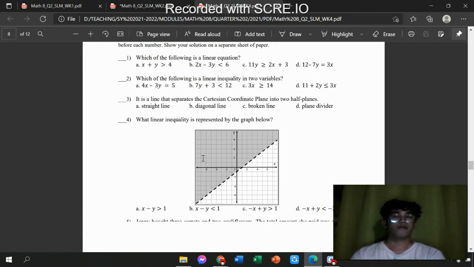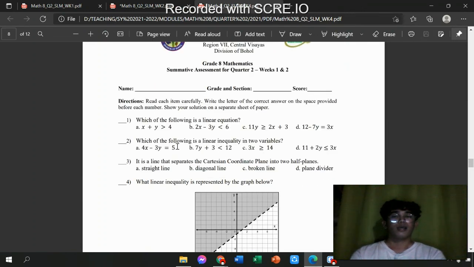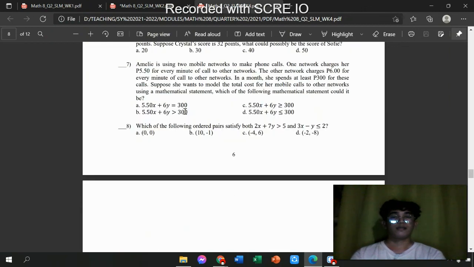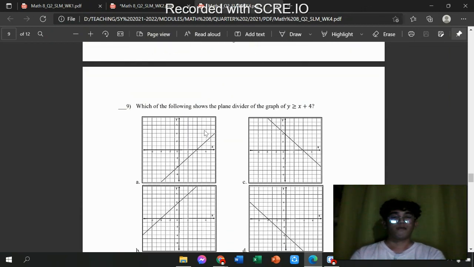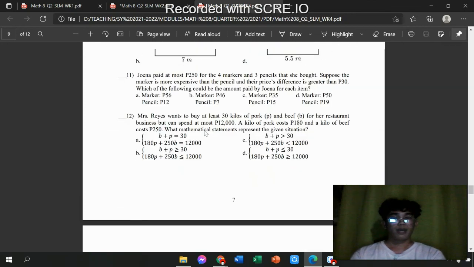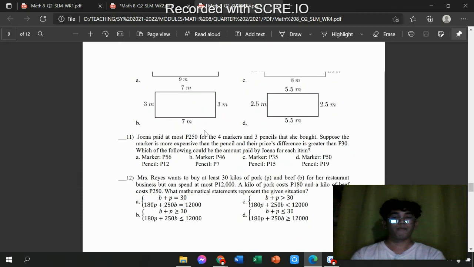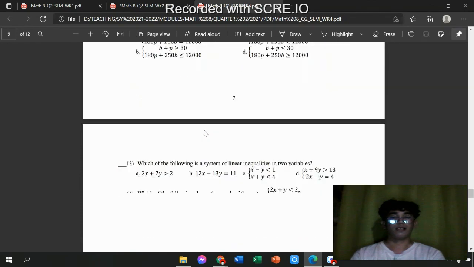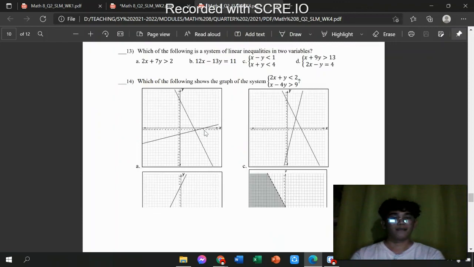The questions are all in multiple choice and the topics are linear inequalities gihapon. This is a very easy class. You just have to study your Module 1 and Module 2 para maka-answer mo ani. Some of it are word problems, applications of linear inequalities, and graphing.